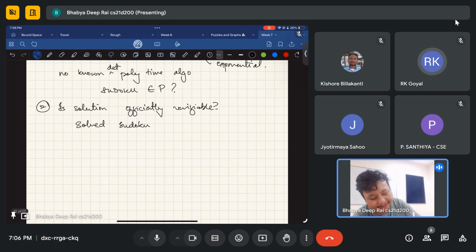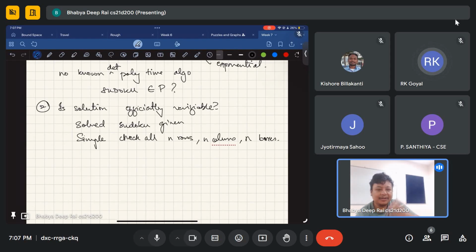Okay, so is the solution efficiently verifiable? Well, you give me a solved Sudoku, simply check all n rows, n columns and n boxes.